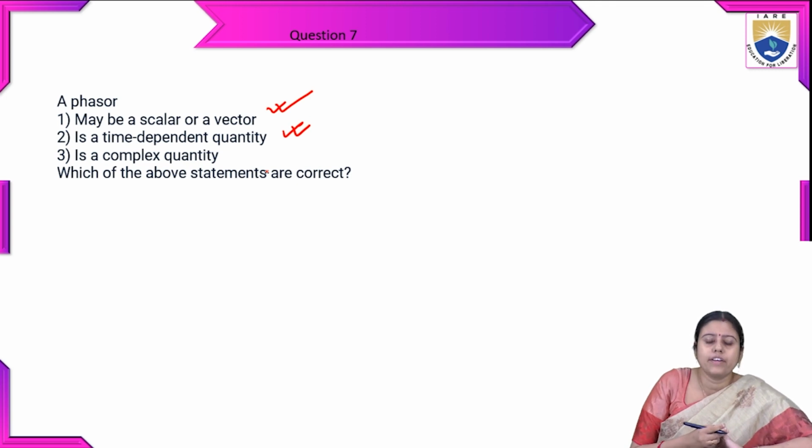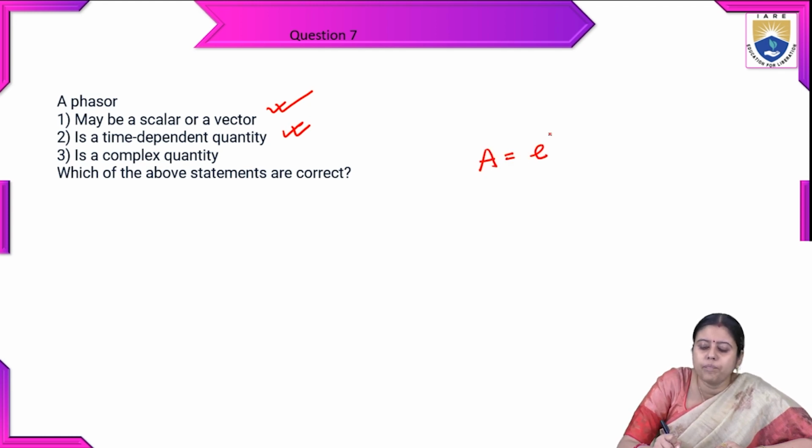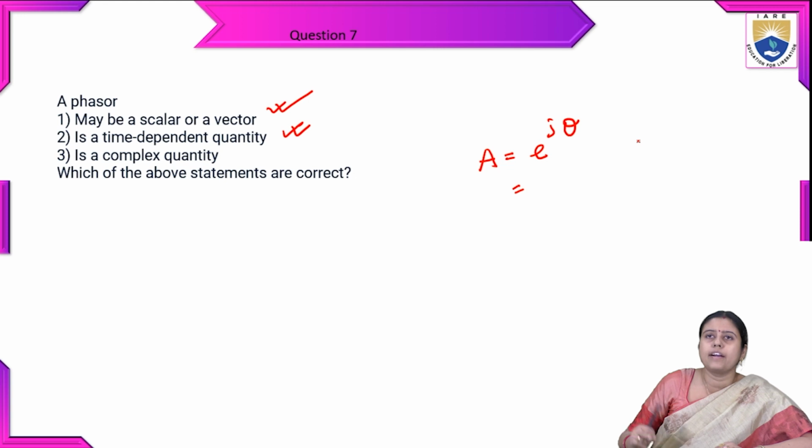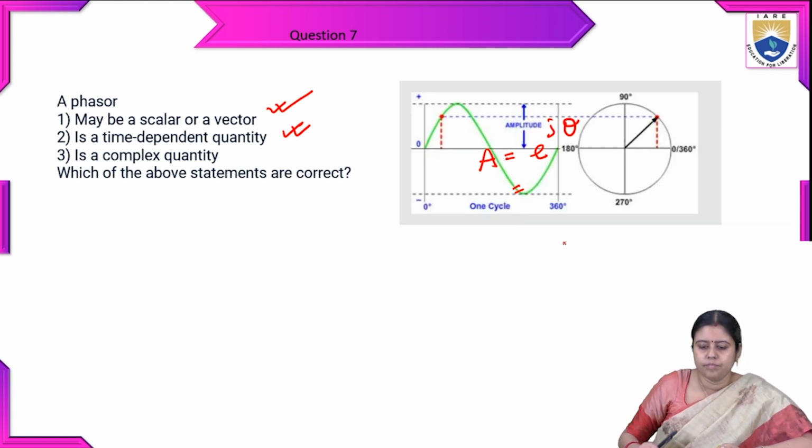It is a complex quantity. Is this correct or not? While we are writing one equation, A is equal to e to the power j theta, what is the meaning of e to the power j theta? It is nothing but a phasor of a circle.